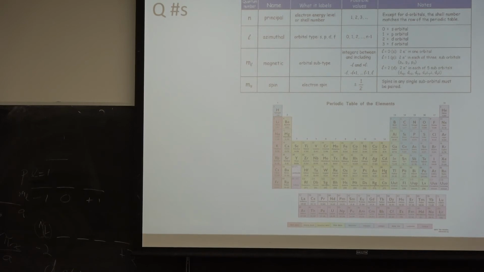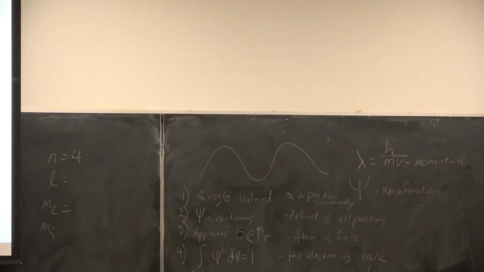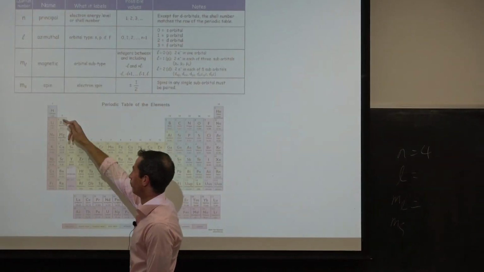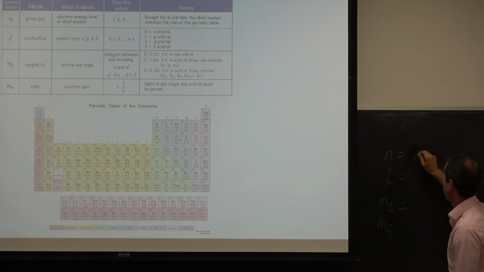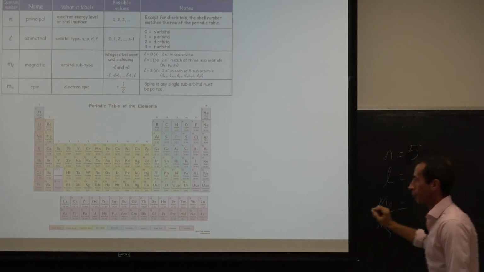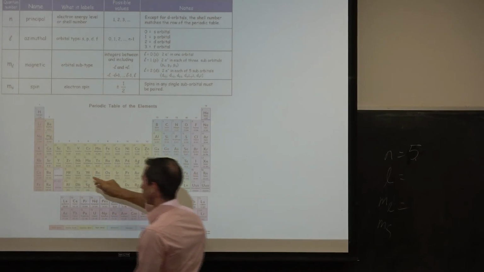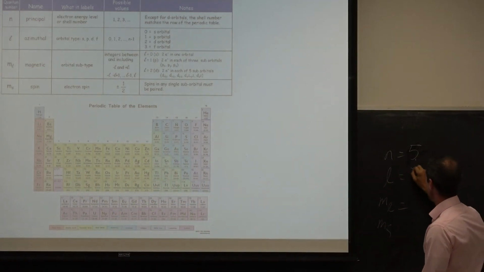So we've got to come up with L, M sub L, and M sub S. So L equals then... Wait, I think it's element 104, right? Should be 5, right? Yeah. L equals 2. So this is in a d orbital. So yes, L is 2.